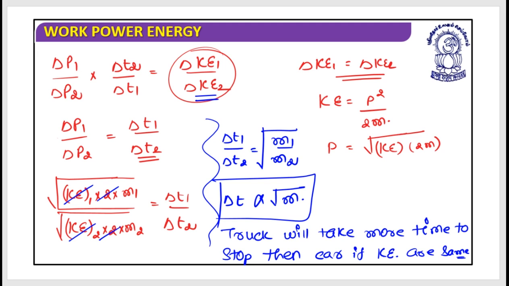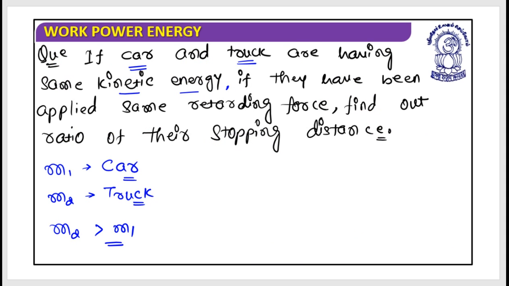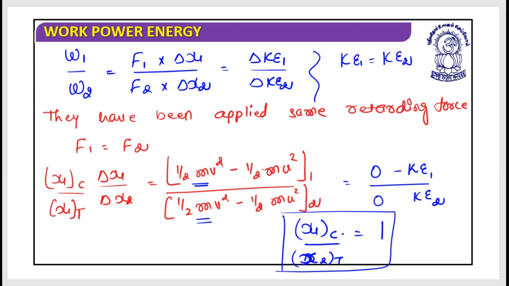Yes, and these are very interesting questions, because at first when they said that kinetic energies are equal, their retarding force would be the same, find out the ratio of their stopping distance. According to our first sense, we are not ready to accept that the stopping distances could be equal.